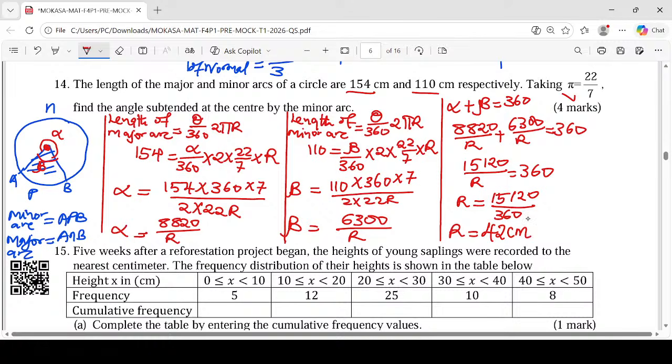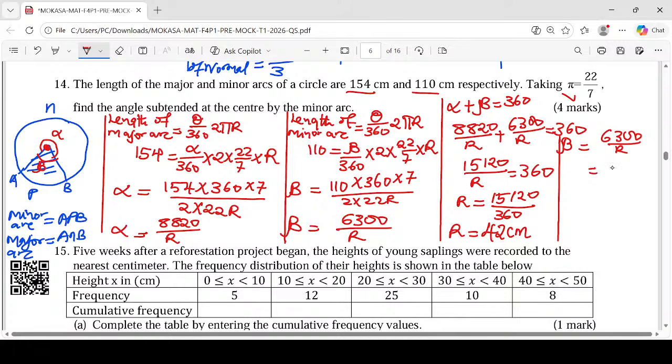After getting the value of r, they are asking us to find the angle subtended at the center by the minor arc. Remember, the angle subtended at the center by the minor arc was beta, and we had said here that beta is given by 6300 all over r.